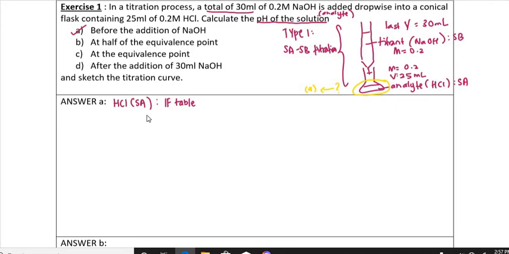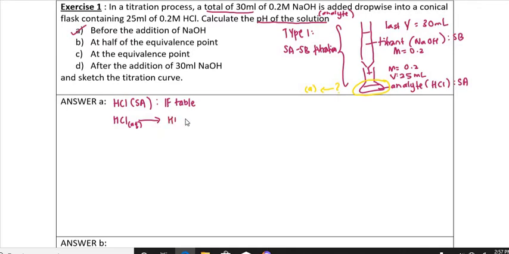Okay. If you want to use ICE table, you have to start with the dissociation equation. So HCl, single arrow. Why we use single arrow? Because it is strong acid. Strong, that means 100% or completely dissociate.